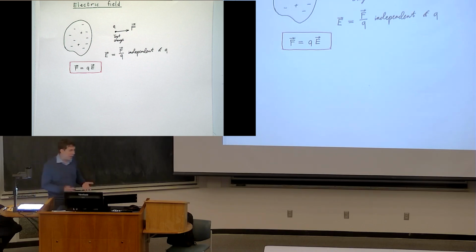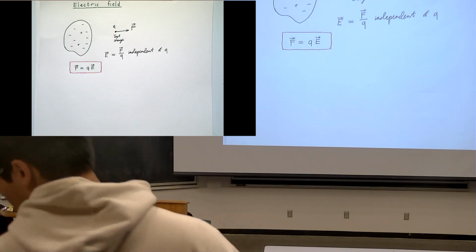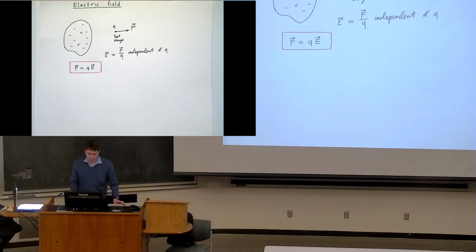But gravitational fields, it's a field that a gravitating object creates around it, and which describes the ability of that object to interact with other objects which are masses. And the electric field is quite similar, just instead of the ability to participate in gravitational interactions, it describes the ability of a charged object to interact with charges.